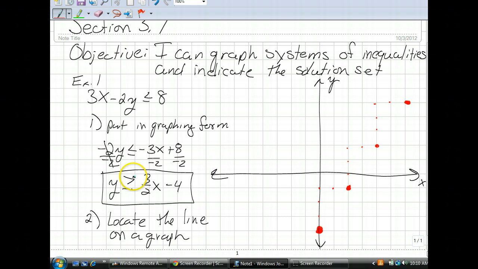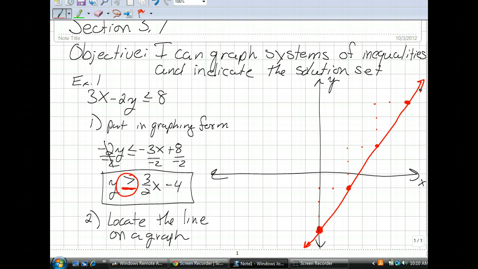So this one has an equal involved. So that means the line is included, so we do a solid line. If it was just greater than, we would do a dashed line or a dotted line, indicating that the points on the line are not included. But in this case, because we have this equal, the points on the line are included, so you make a solid line.